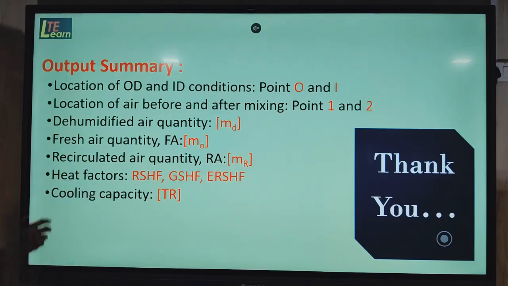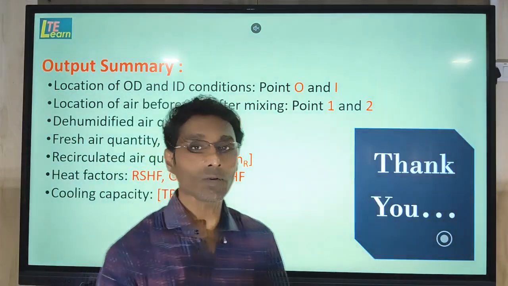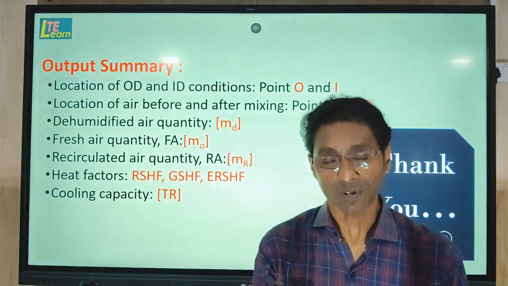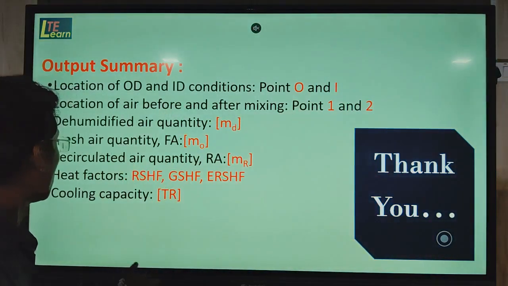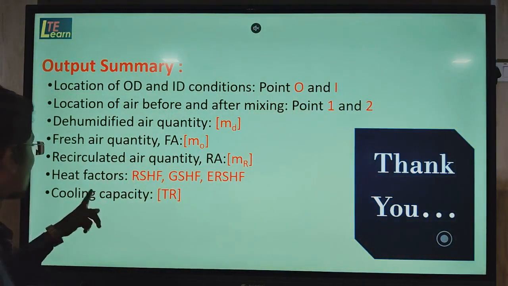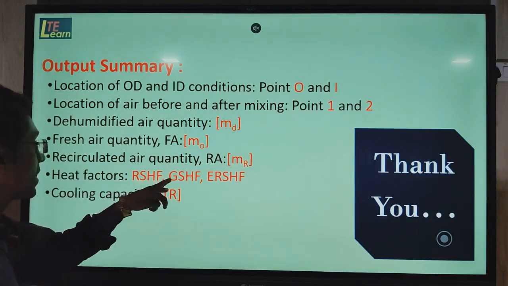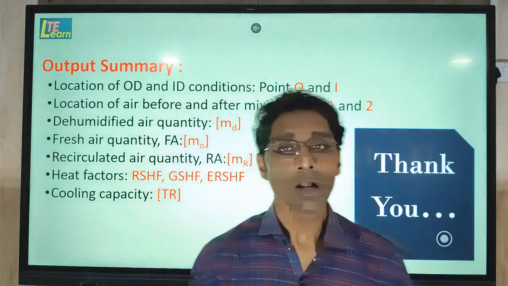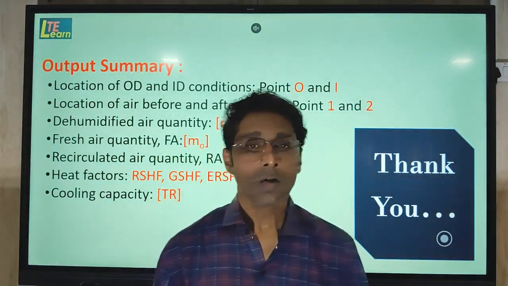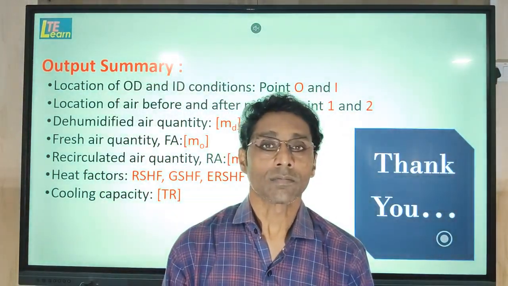After that we saw the procedure to find the dehumidified air quantity and its two parts, fresh air and recirculated air. And lastly we saw the procedure for room sensible heat factor, grand sensible heat factor, effective room sensible heat factor, and capacity of the cooling coil. Let us meet in the next video session. Thank you.